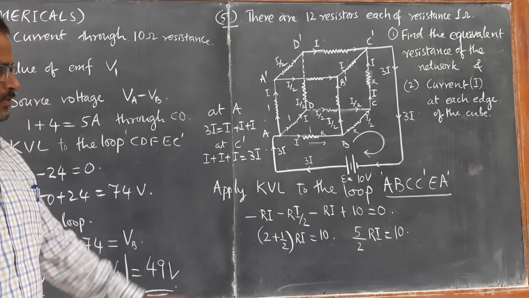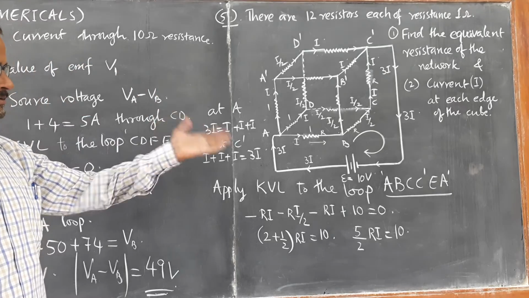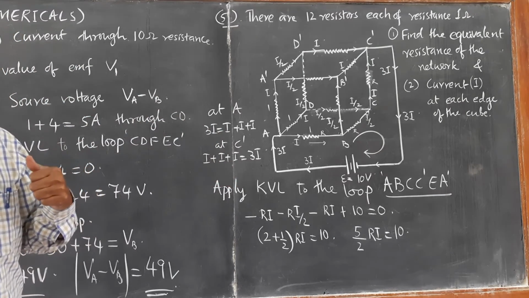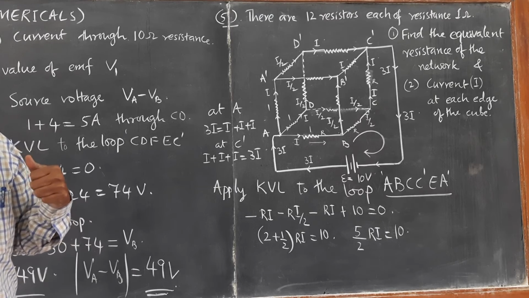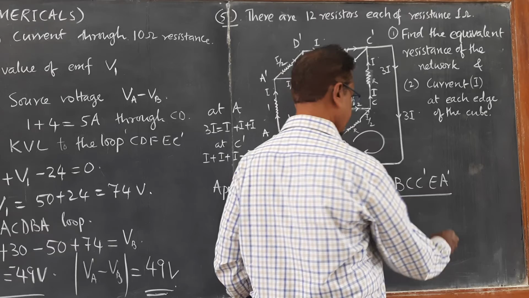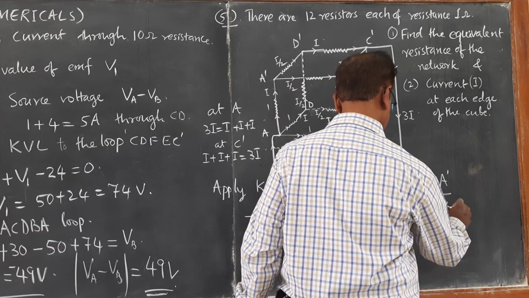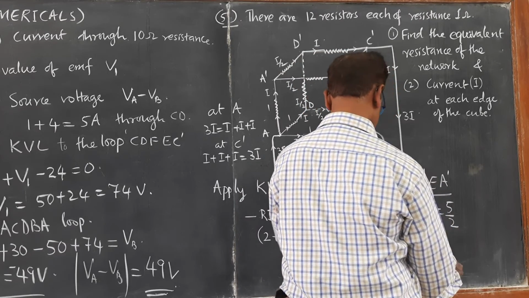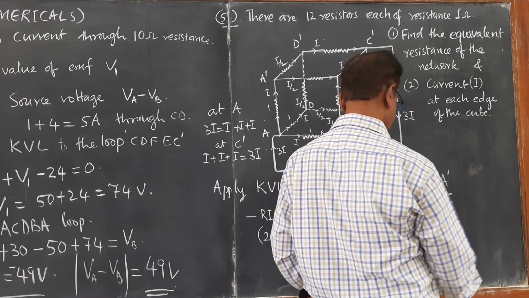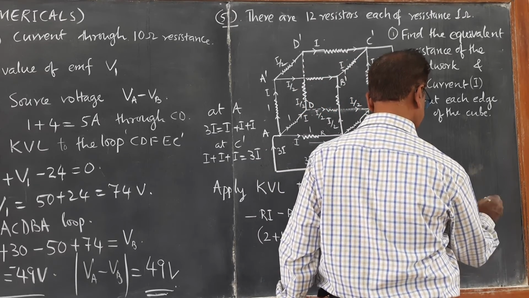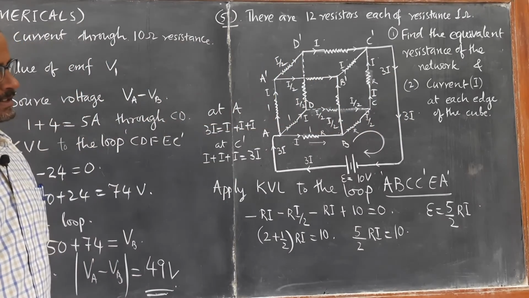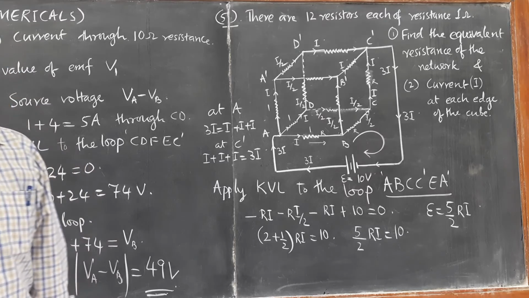So from this we know what is the value of R. So thus I can find out what is the value of the current I. Thus EMF of this battery E is equal to 5 by 2 Ri. So from this we can find out what is the equivalent resistance.